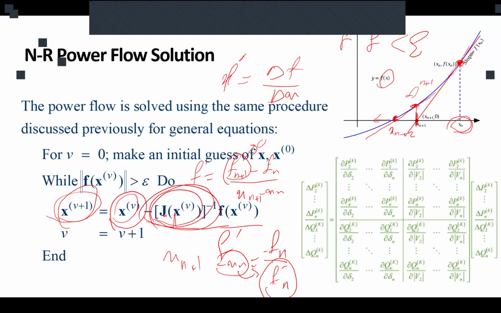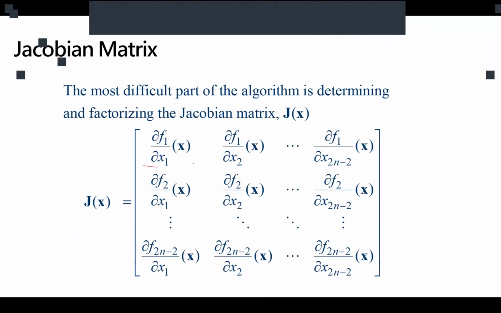Are we good? Now, how do you calculate the Jacobian matrix? It's simply the partial differential of the function with respect to each of the variables.